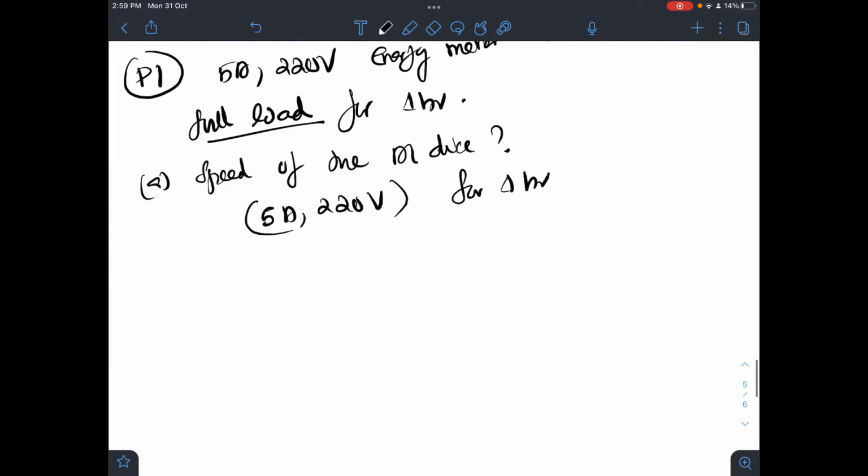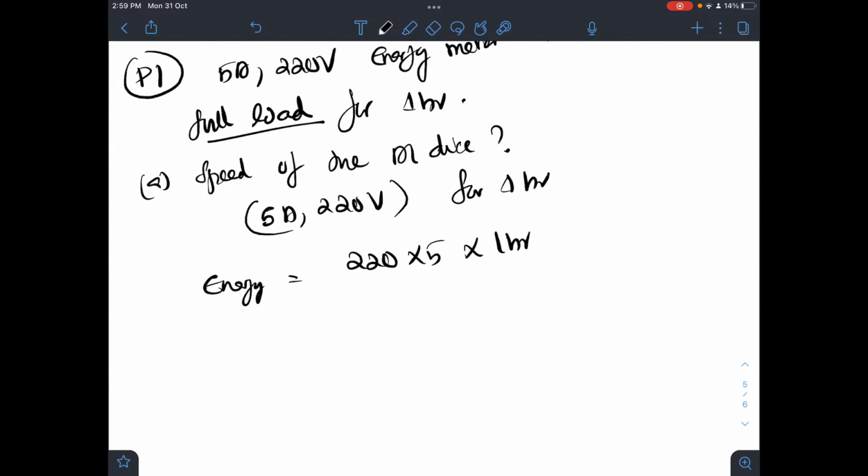Energy is power into time, and power you can find easily because it is given as full load. So 220 volt into 5 ampere will be my power, and it is running for 1 hour.